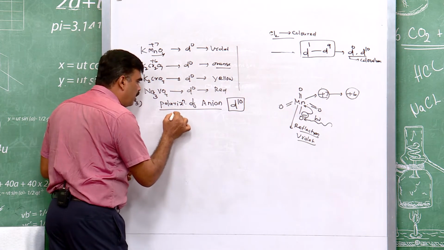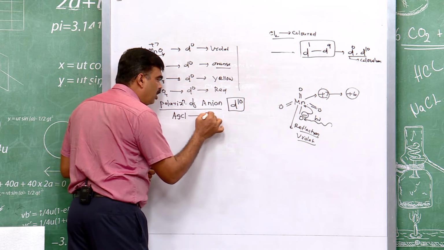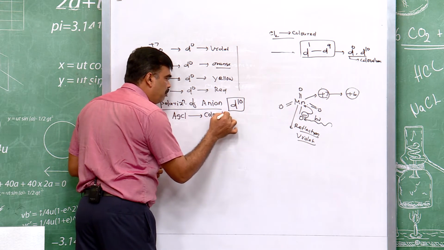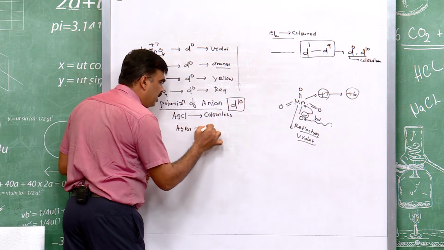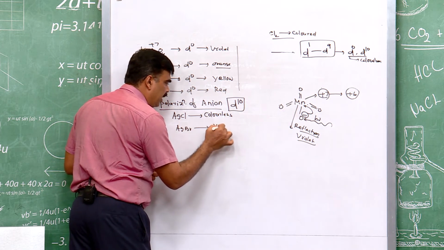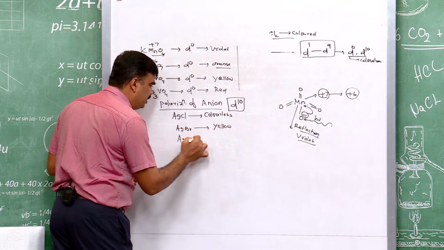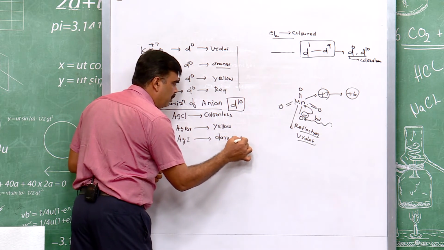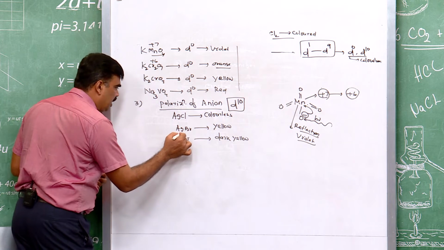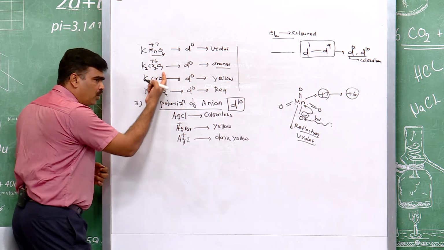For example, silver chloride is colorless, but silver bromide is pale yellow, and silver iodide is dark yellow. How? Silver's oxidation state is +1, and copper, silver, gold belong to one group.